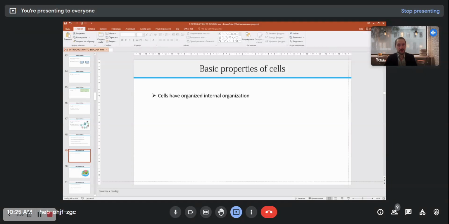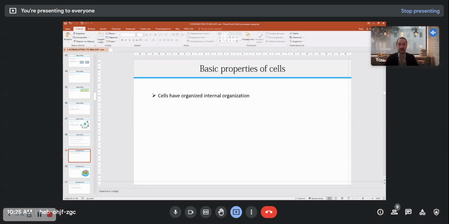Now let's go further, and since we started discussing cells, let's speak about properties of the cells. So what are the properties of these elementary building blocks of our body? Cells have an organized internal organization.